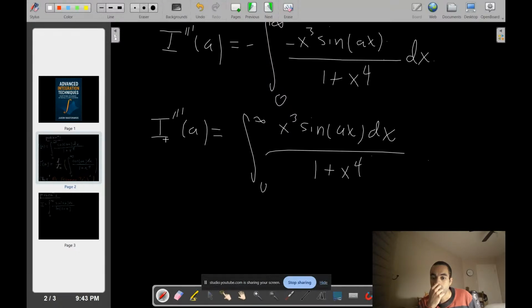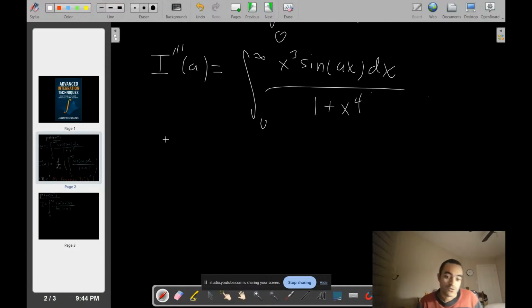So how can we integrate this bugger? I am going to leave that for you guys to figure out, okay? I want you guys to be able to figure out how we would solve this using a Feynman trig, okay?